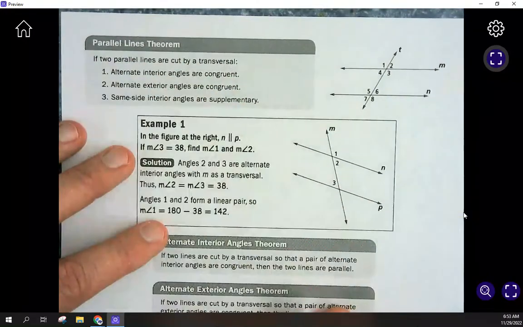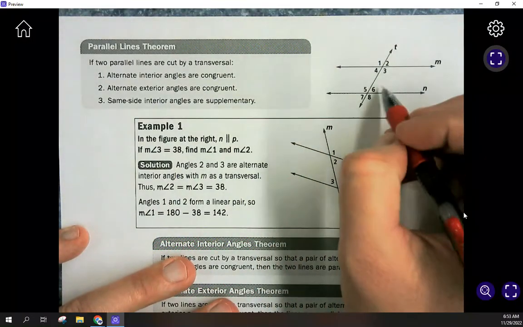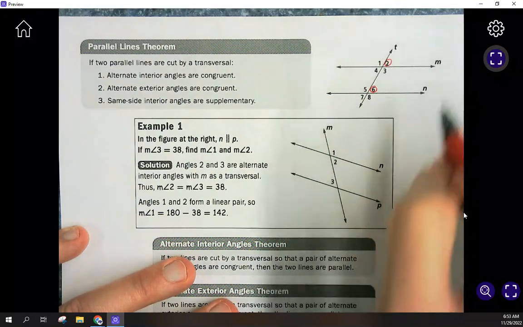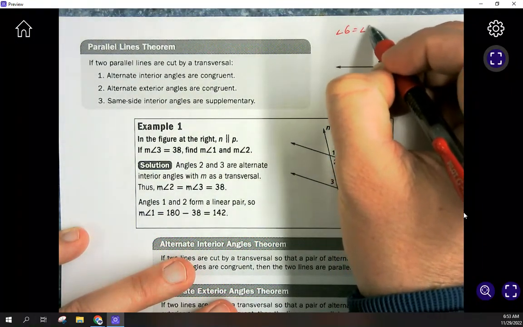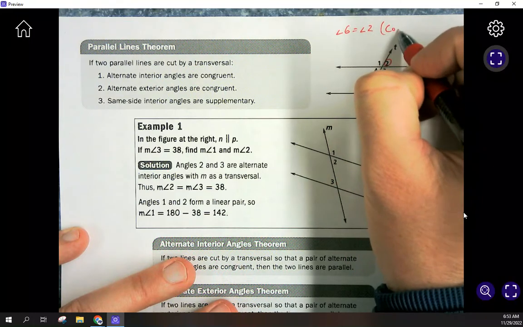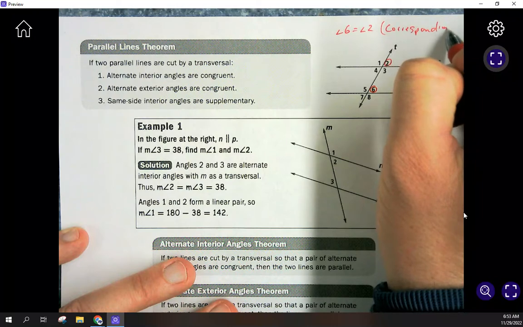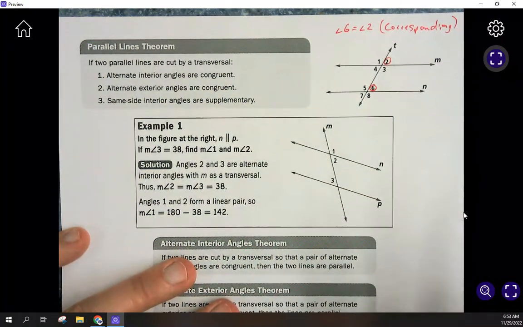So before we get to this parallel lines theorem, let's talk about what we know. If these lines are parallel, we knew that 6 matched 2 because they're corresponding. So angle 6 equals angle 2. Do like a little mini proof here. We knew that was true because they're corresponding.